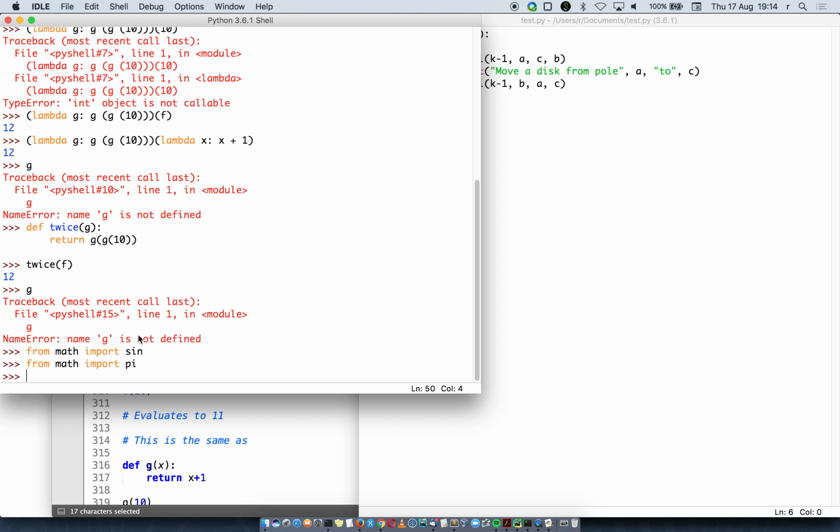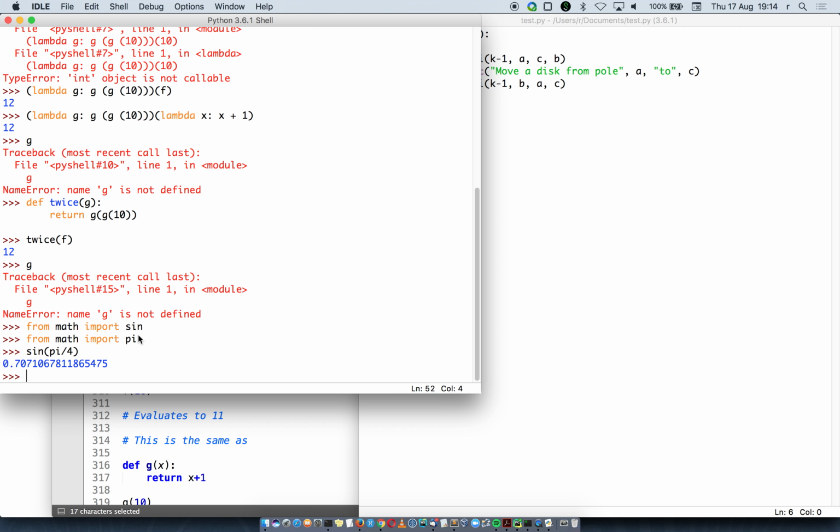So a sine of pi divided by 4 is square root of 2 divided by 2, right?